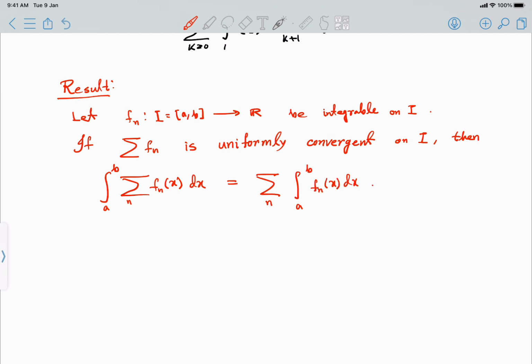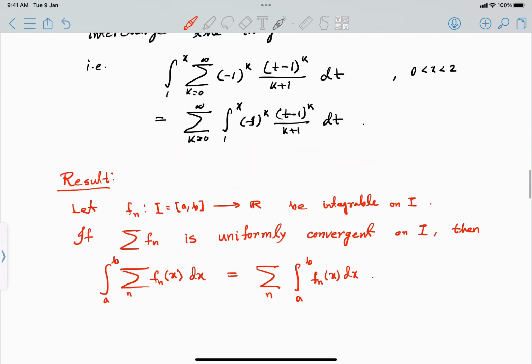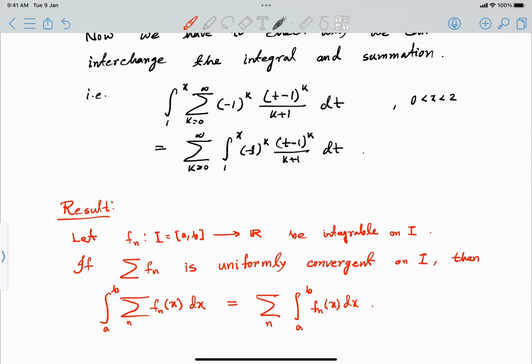So it's saying that if the series is uniformly convergent, then we can interchange the integral and summation. So for that, here we have to check that this series is uniformly convergent.